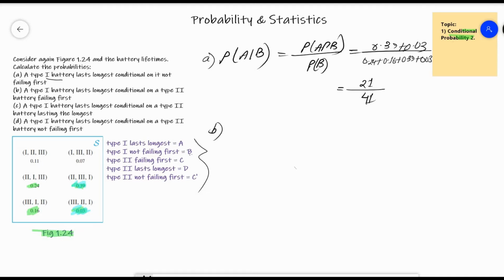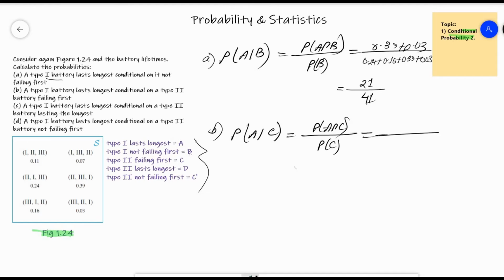In number B, we have to find out the probability of type 1 battery lasting longest, conditional on type 2 battery failing first. So we have here probability of A given C, which is equal to probability of A intersection C by probability of C. So we will use our highlighter again to highlight the type 2 failing first.